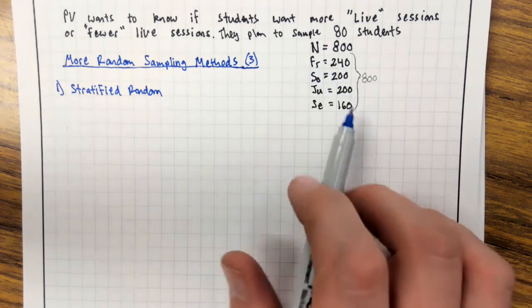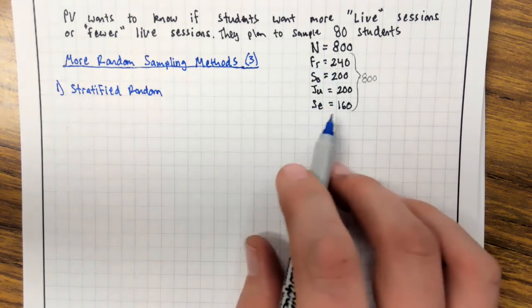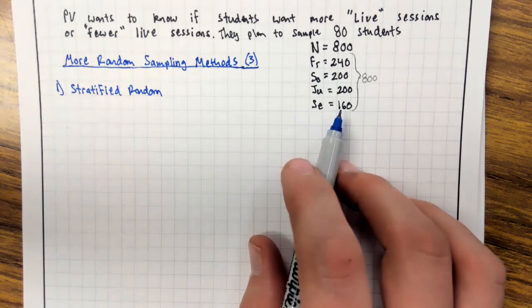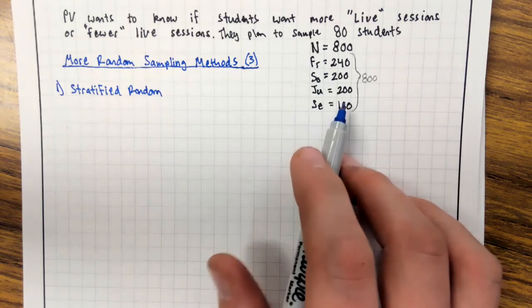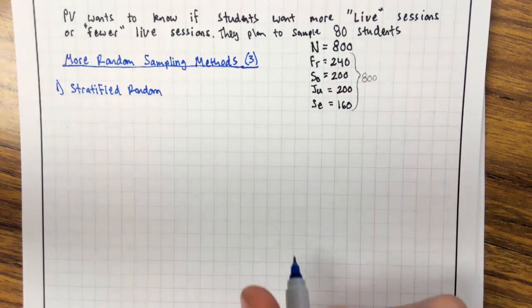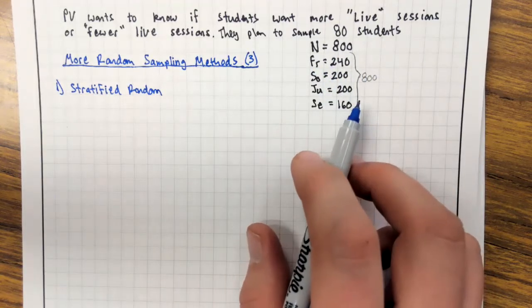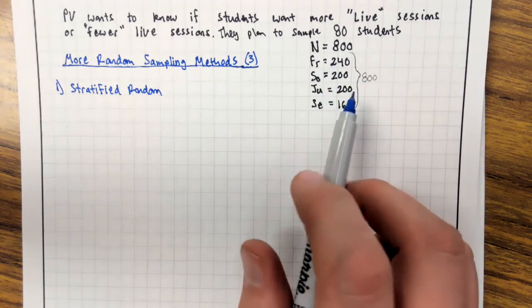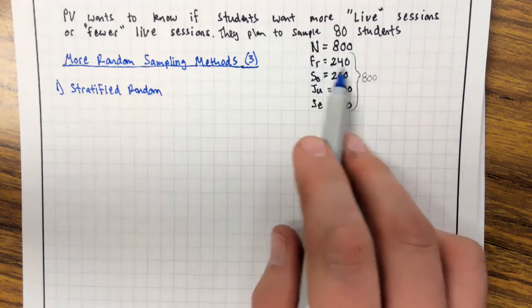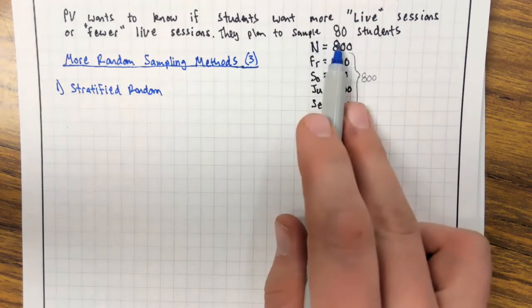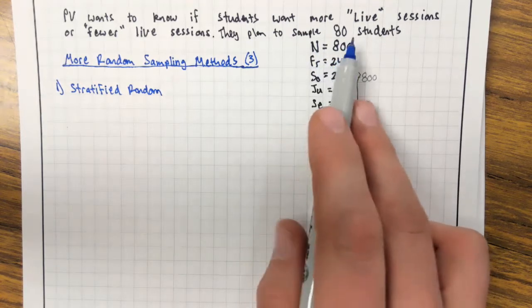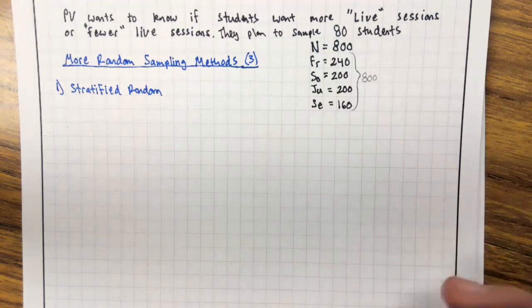Or maybe they picked almost all seniors, where you're more independent at that point in your life and you don't think you need as many live sessions. So to be as representative as possible, we want to have equal proportions in our sample. Since there are more freshmen in the school, we would want more freshmen in our sample of 80 students.